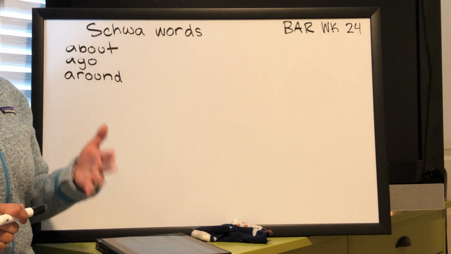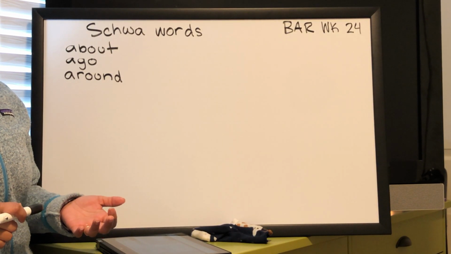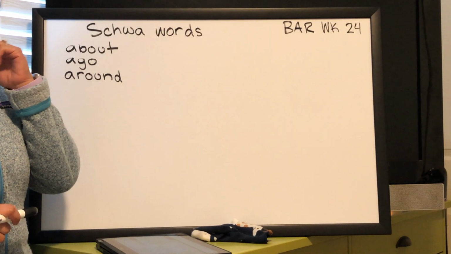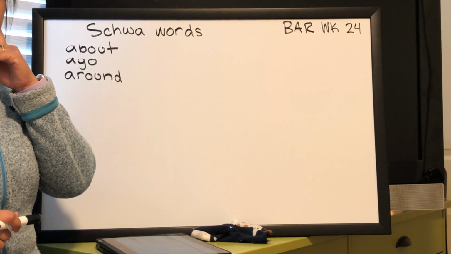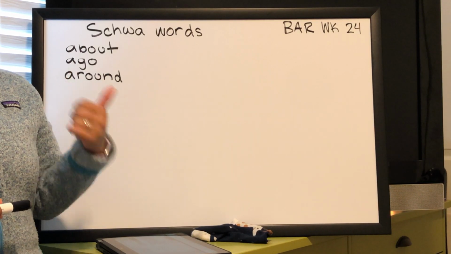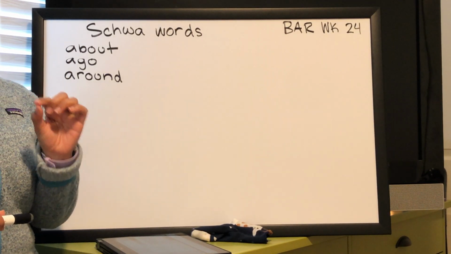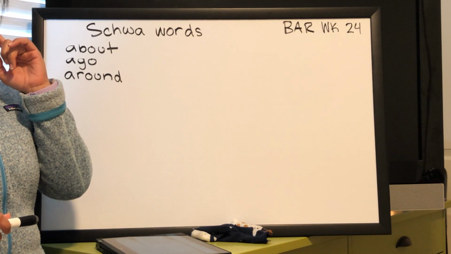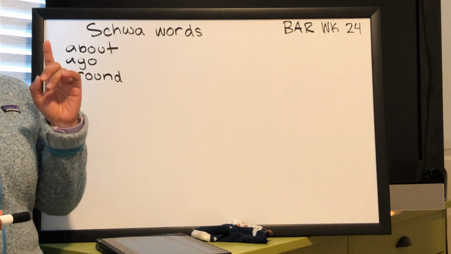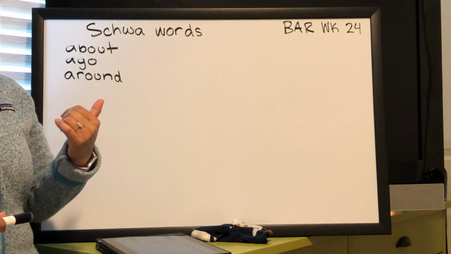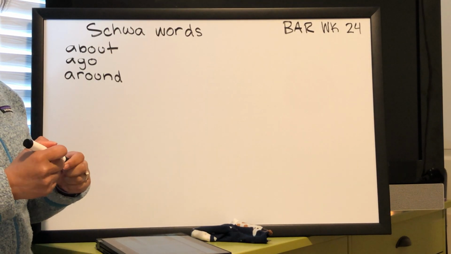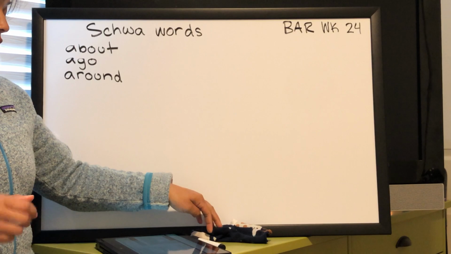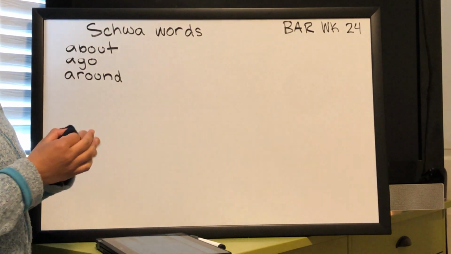About, ago, around. The A is not pronounced like we are normally used to with the long vowel A or the short vowel A. You hear uh, about, ago, and around. So that is a first example of 3 words that follow the schwa sound.